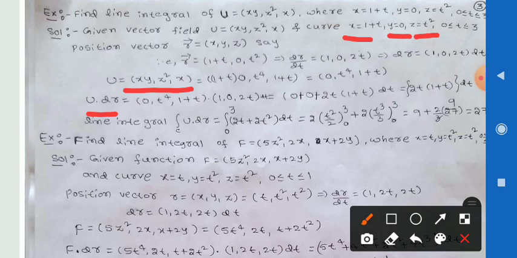By doing the dot product we get 0 plus 2t(1+t) dt, that is equal to 2t(1+t) dt. Then we get 2t plus 2t(1+t) dt.